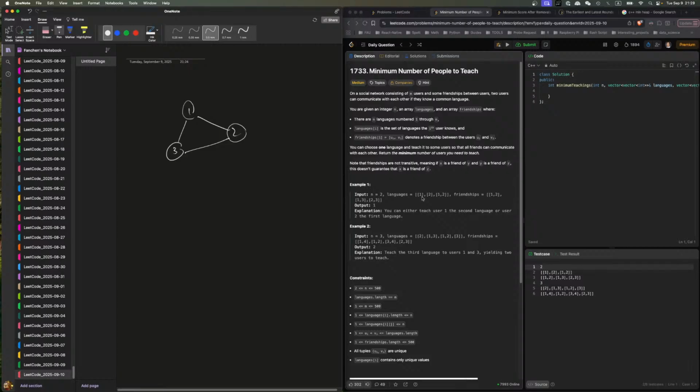Language I is the set of languages that the ith user knows. We have a 0th user? 0, 1, 2?